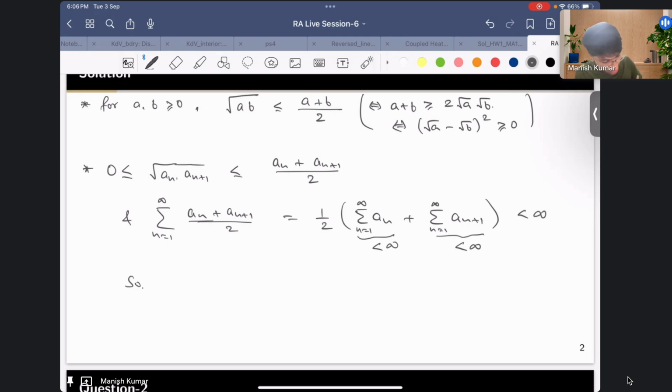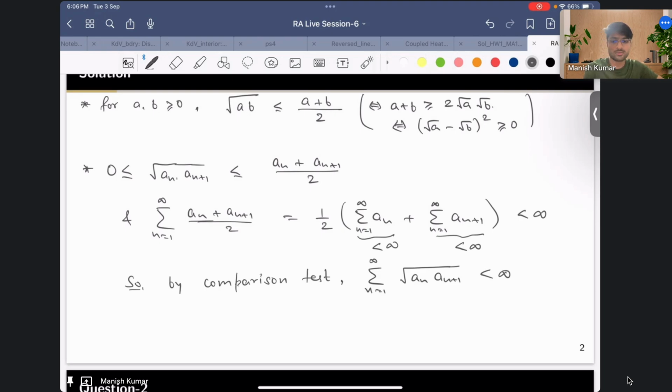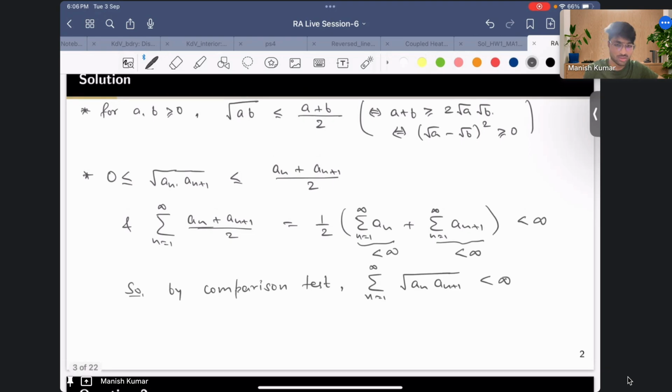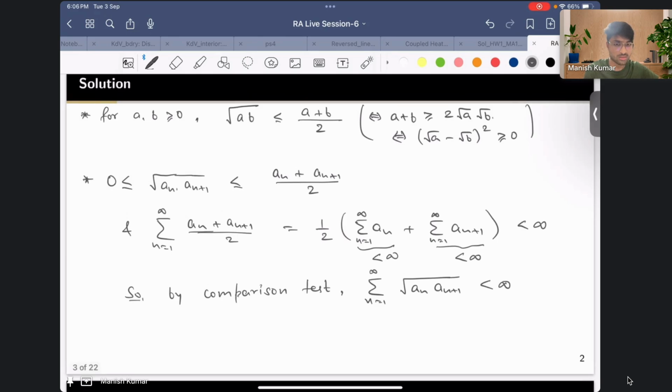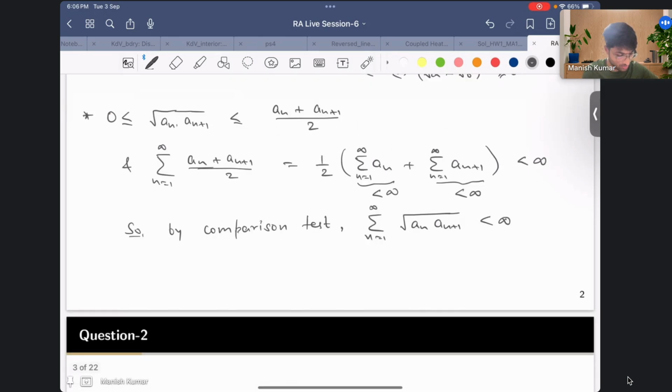So by the comparison test, this series of root of a_n times a_{n+1} is also finite, right? Is this okay? So this is a very easy problem. Yes. Okay, then if it's okay, let's proceed further.